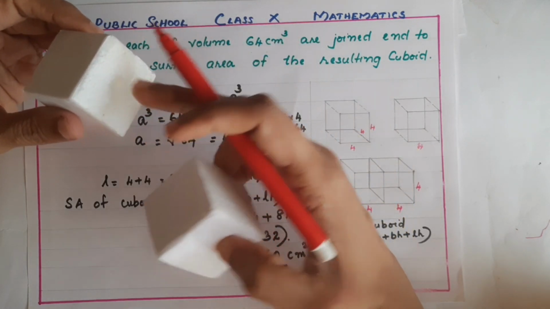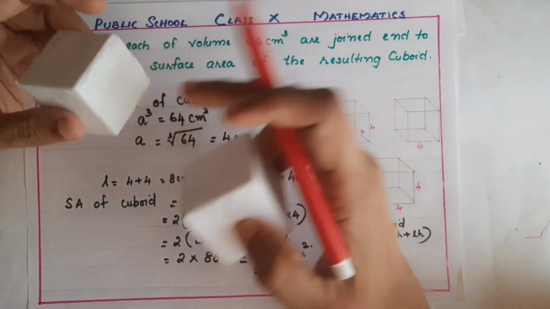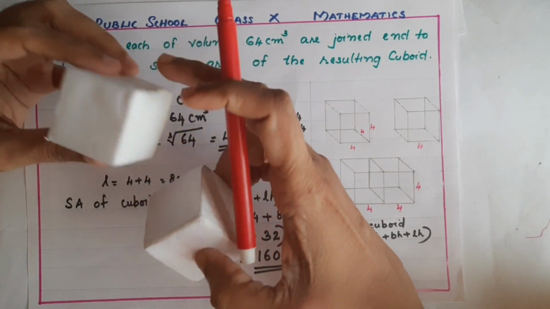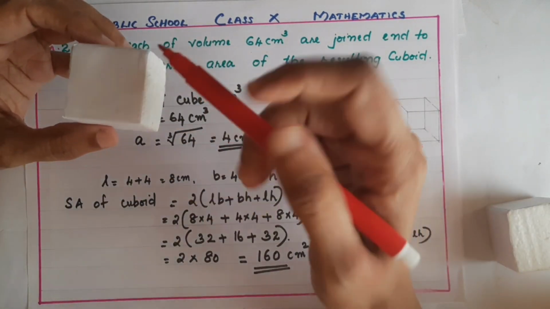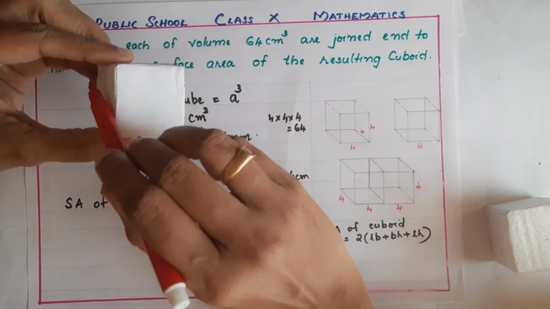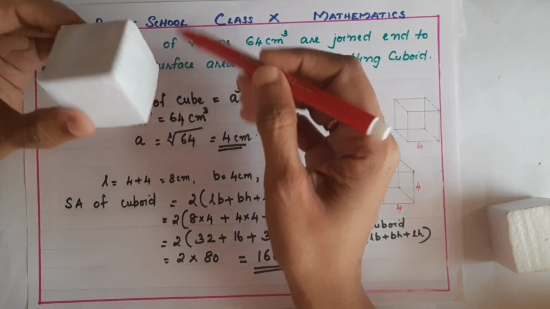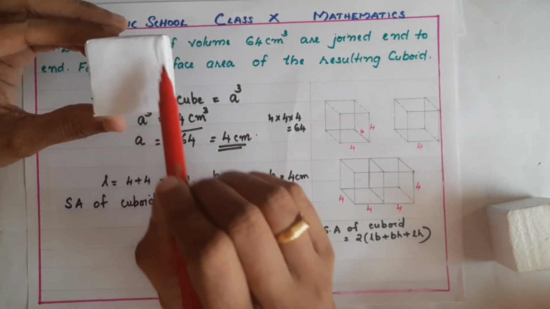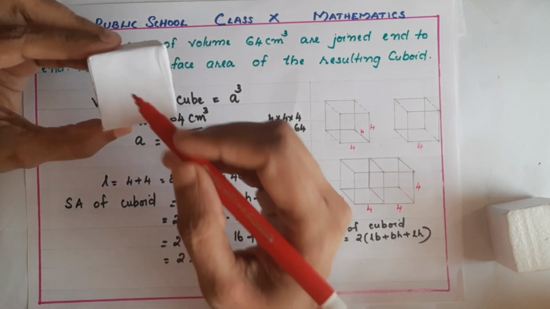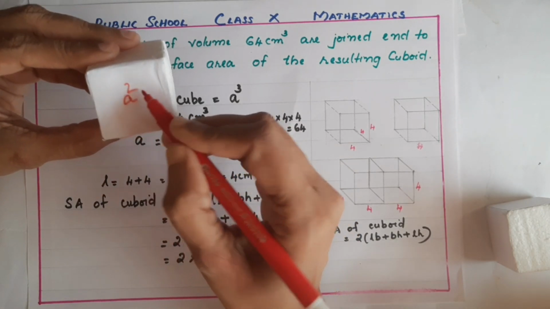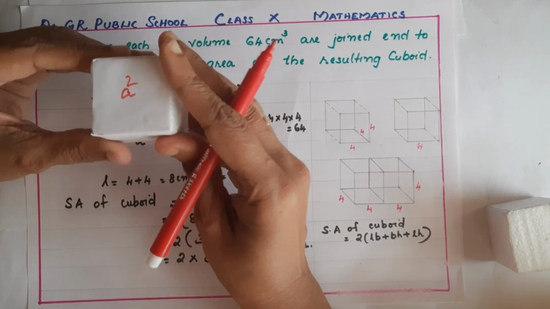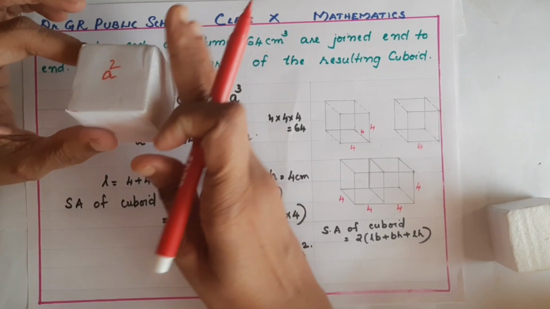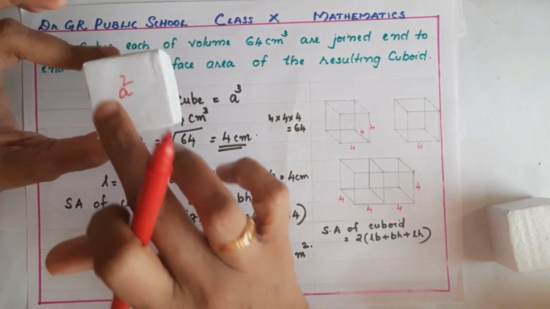So, by avoiding these two faces, we can see 5 faces in this cube of the resulting cuboid. 1, 2, 3, 4, 5. 5 faces are visible. So, what is the area of one face? It is a square. So, area is A square, if the side is A. How many faces are visible? 5 faces. So, what is the total area of these 5 faces?